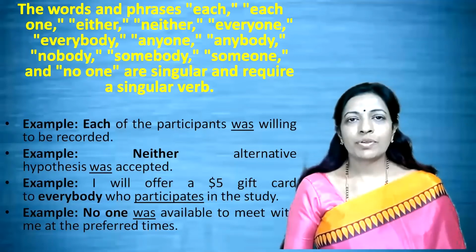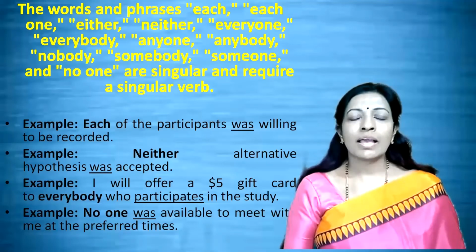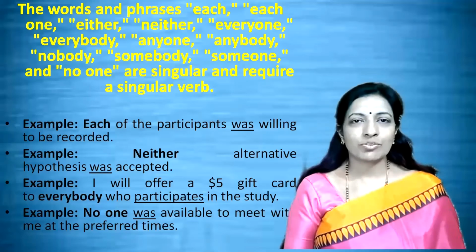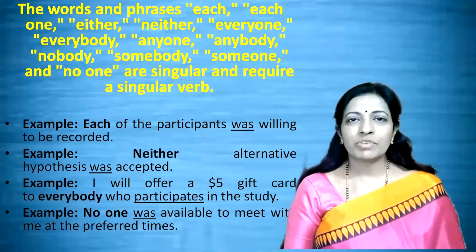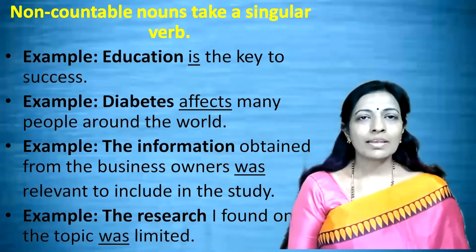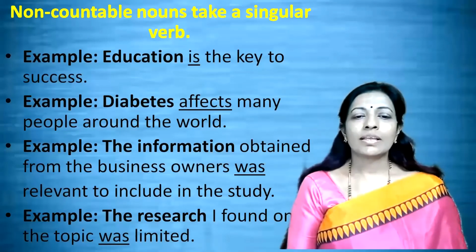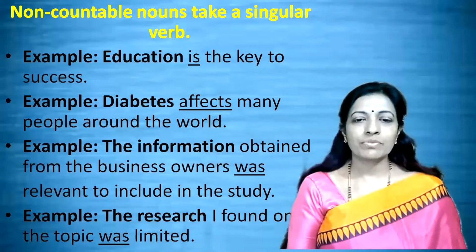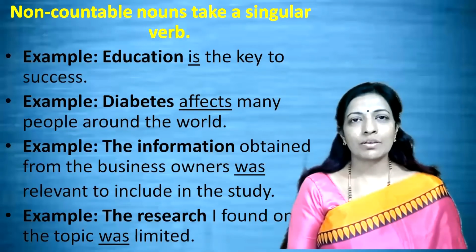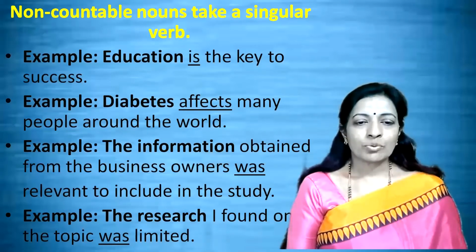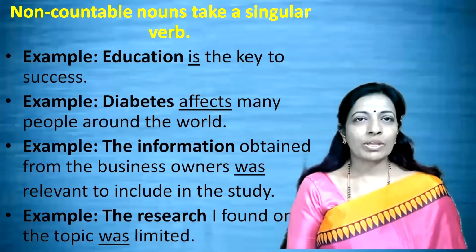Therefore, if any of the sentences has any of these words or phrases, then the verb which follows it will always be singular. The next rule is that uncountable nouns take a singular verb.